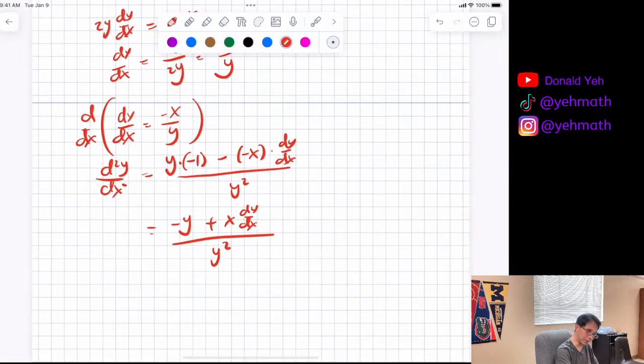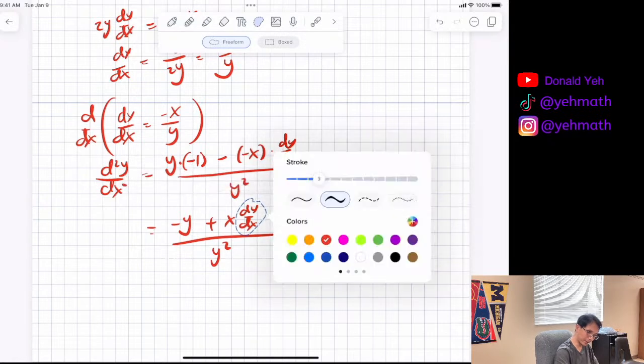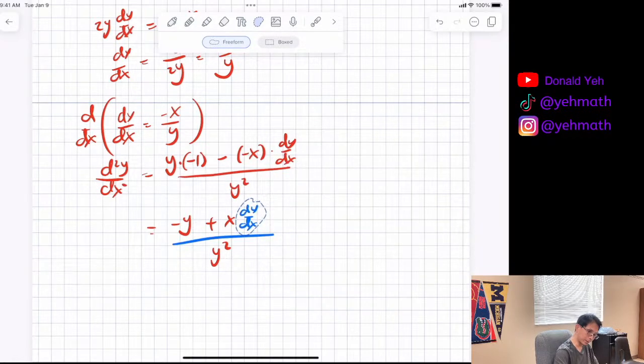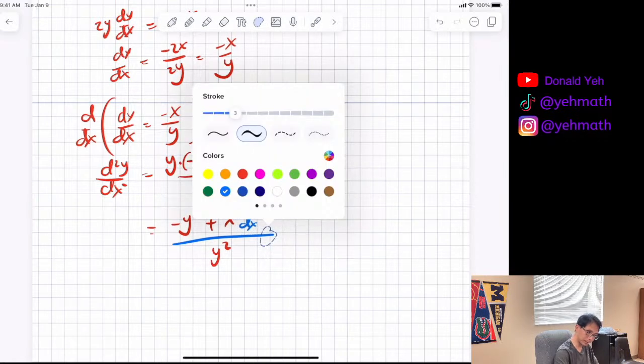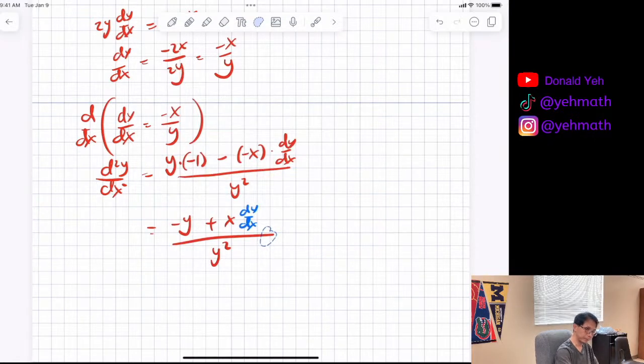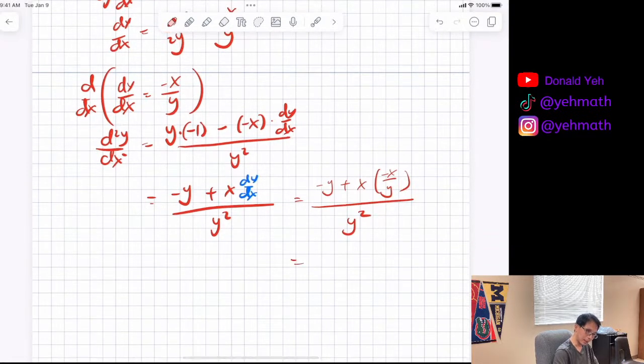What I'm going to do is replace this dy/dx with the blue one. And that is going to be negative y minus x squared over y squared.